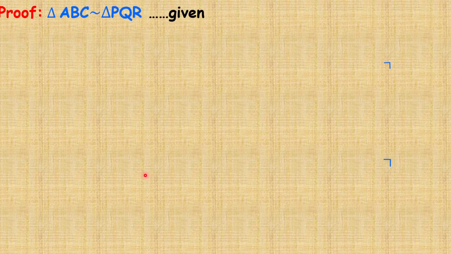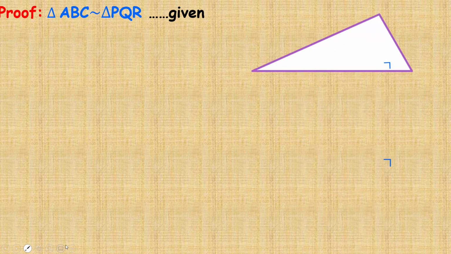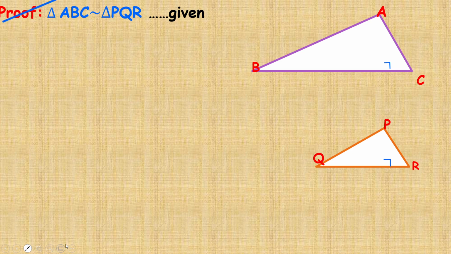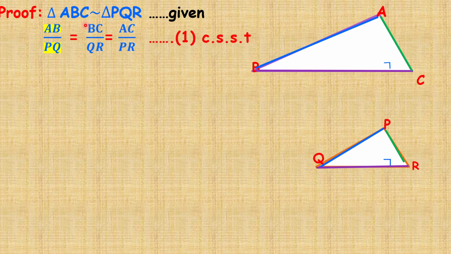What is given? Triangle ABC and triangle PQR are given. If these two triangles are similar, then we know that their corresponding sides are in proportion. Therefore, AB upon PQ is equal to BC upon QR is equal to AC upon PR, because they are corresponding sides of similar triangles.